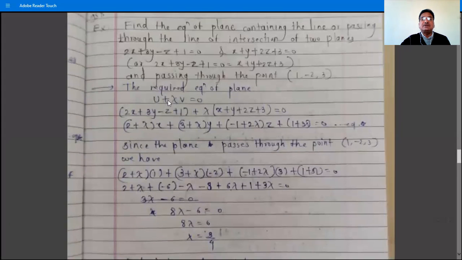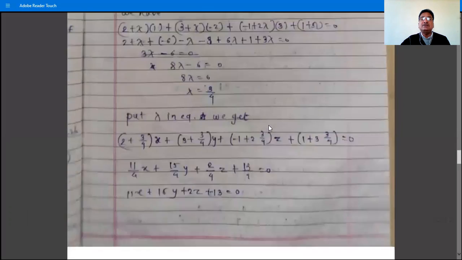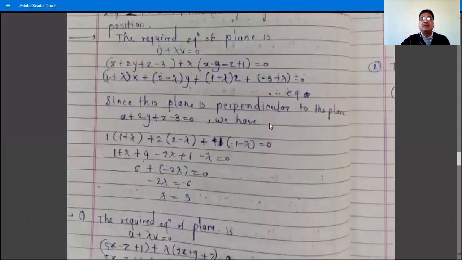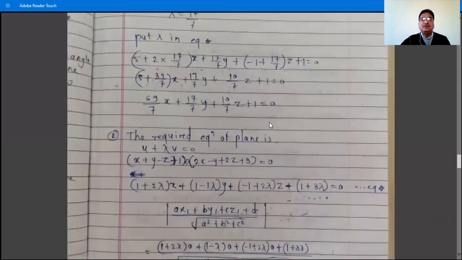Substitute x as 0, y as 0, z as 0, divided by the root of (2 plus lambda) square plus (3 plus lambda) square plus (-1 plus 2 lambda) square. Then find the value of lambda, and it is equal to 1. Unity means 1, so find the value of lambda. So its answer is given.